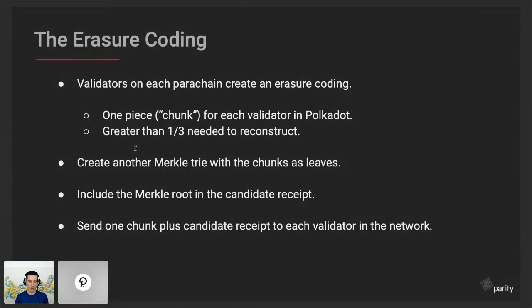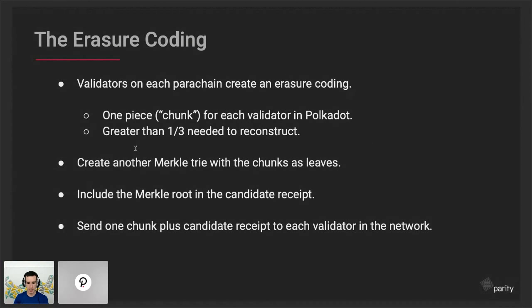We're still only putting the actual Merkle root of this erasure coding into the candidate receipt. And so now we have this candidate receipt that's pretty much complete, and then we have one erasure coding chunk for each validator. So if we have 1,000 validators in the network, then we have 1,000 different chunks, and we're going to start sending this out to everybody.